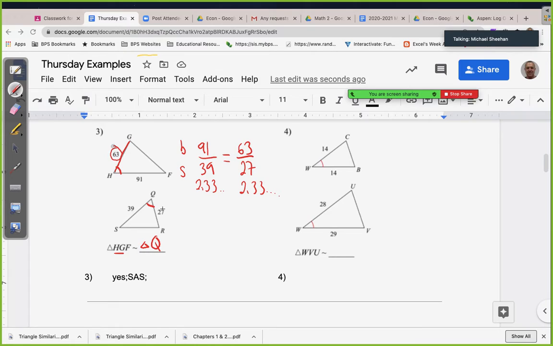So over here, what's the smallest side? It's 27. So I want to pick Q to R. And then I know S must be last. And down here, you can't do the little triangle symbol. So all you have to do is just say QRS.